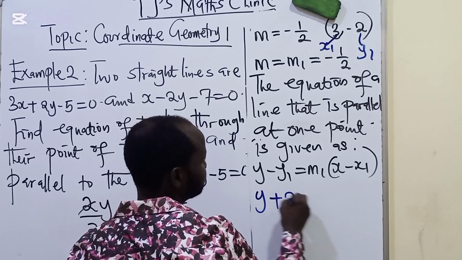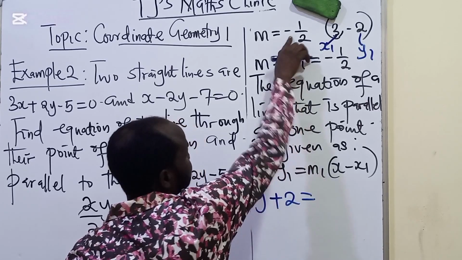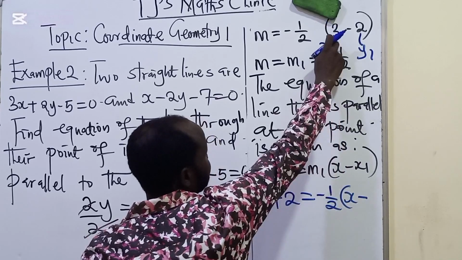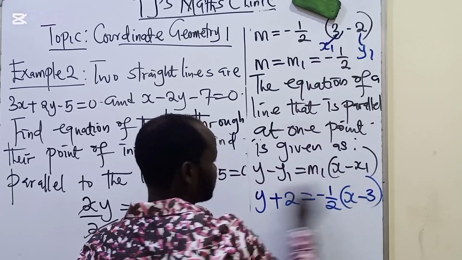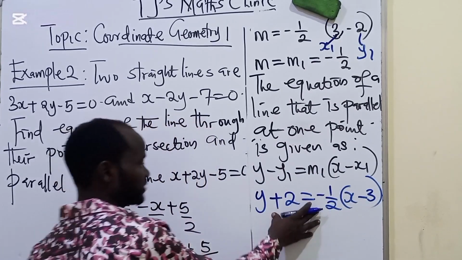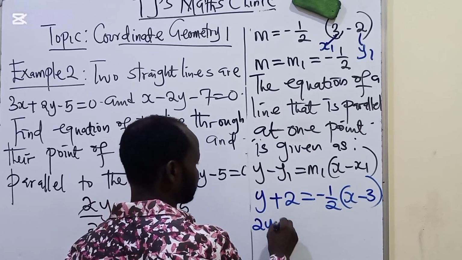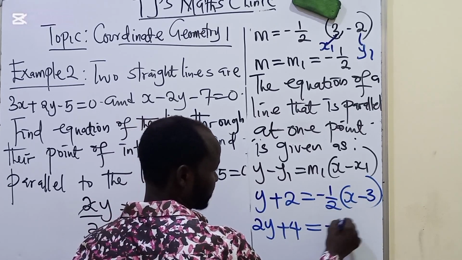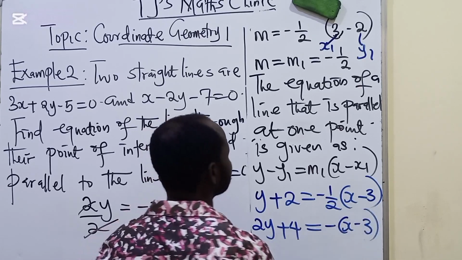That will be plus 2, equals m1, minus half, into x minus x1, which is 3. Next, let's clear this fraction. Let's multiply by 2. This will be 2y plus 2 times 2 is 4, equals minus x into 3.